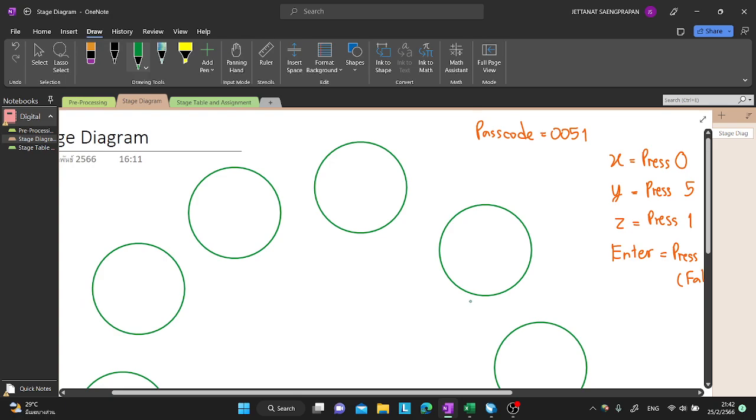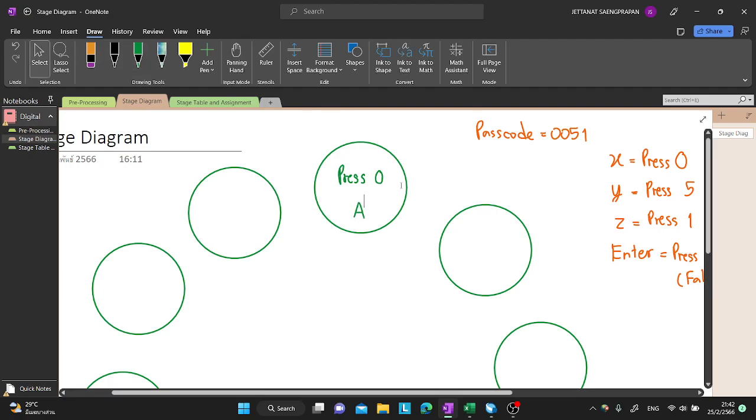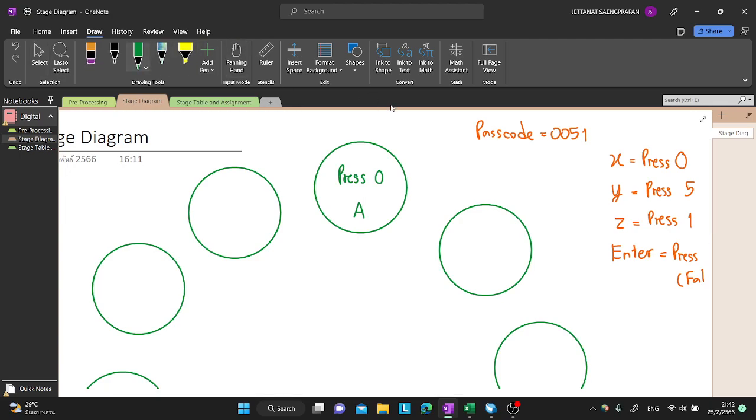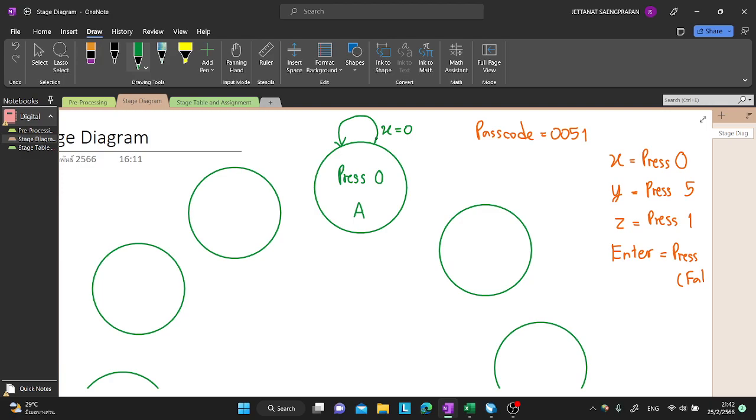The first step of this circuit is pressing 0, which is state A. When I don't do anything, it loops, with x is 0, because I don't press any numbers.